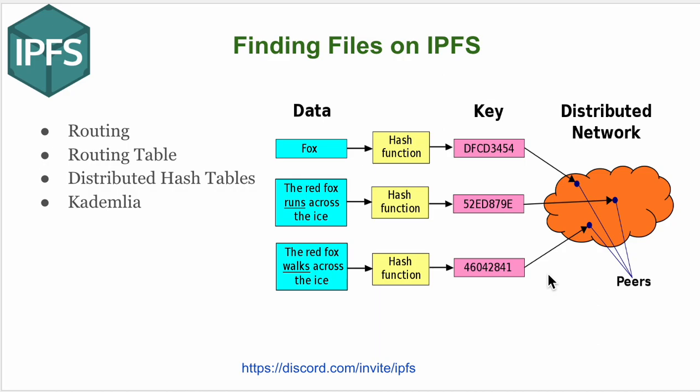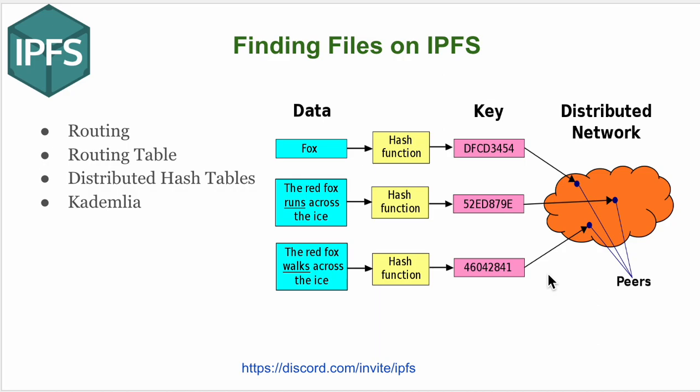Okay. And IPFS has created a tool to handle how routing works, and the name of the tool is called Kademlia. Okay, so you use Kademlia in IPFS to implement routing.